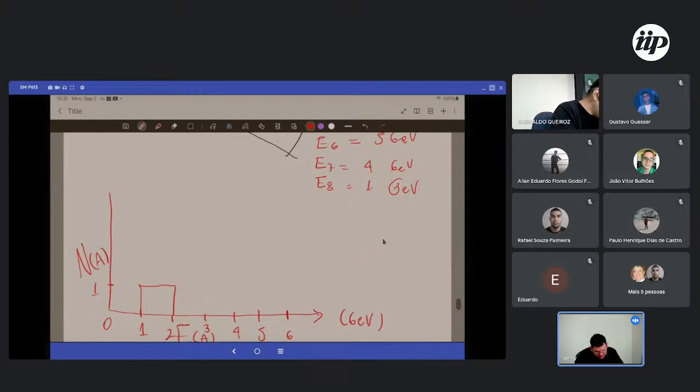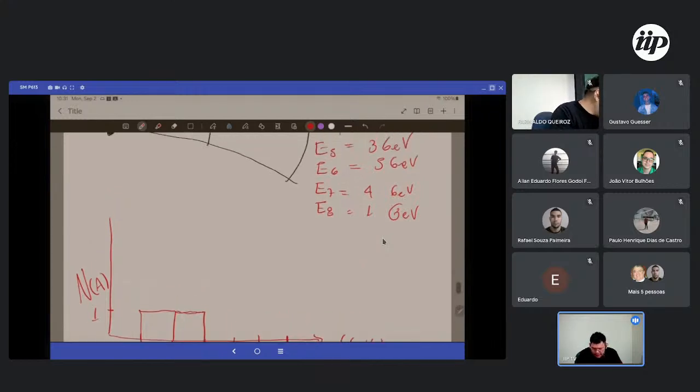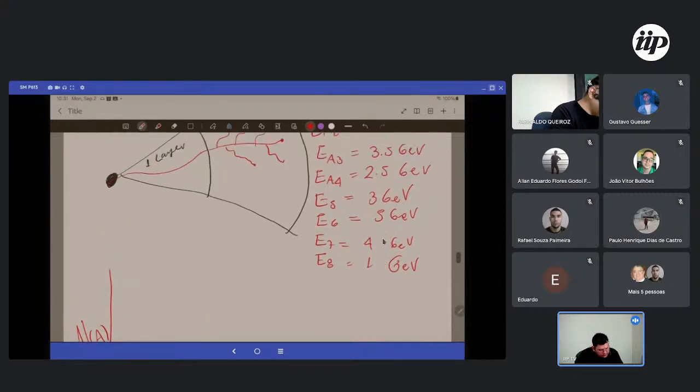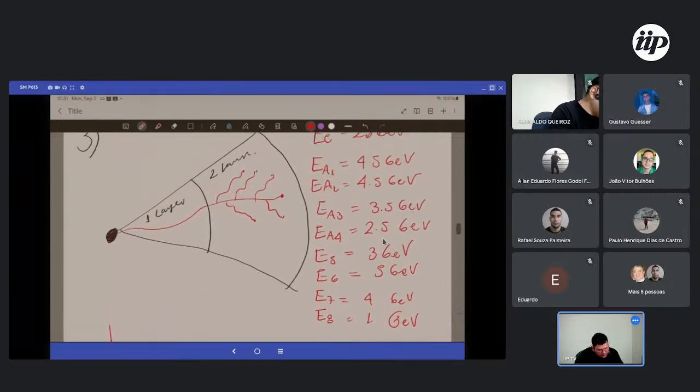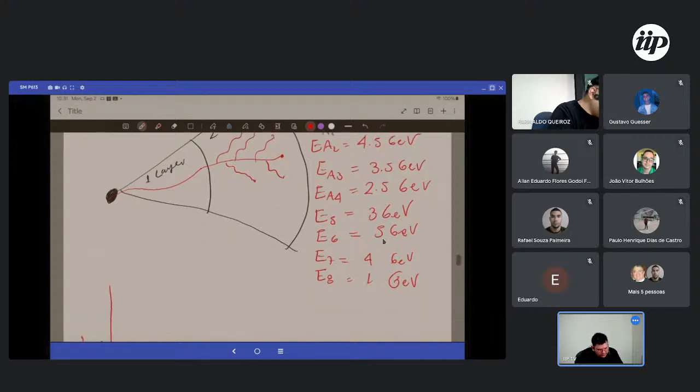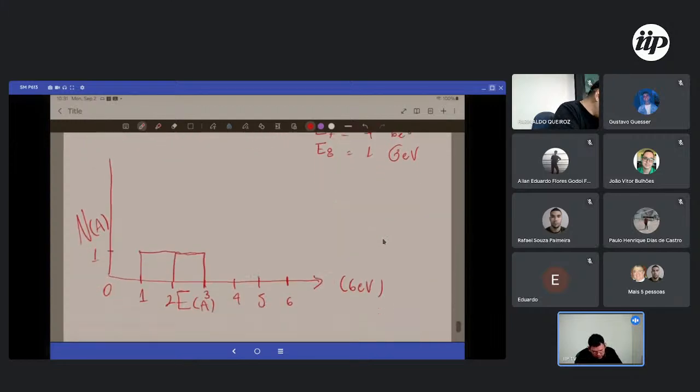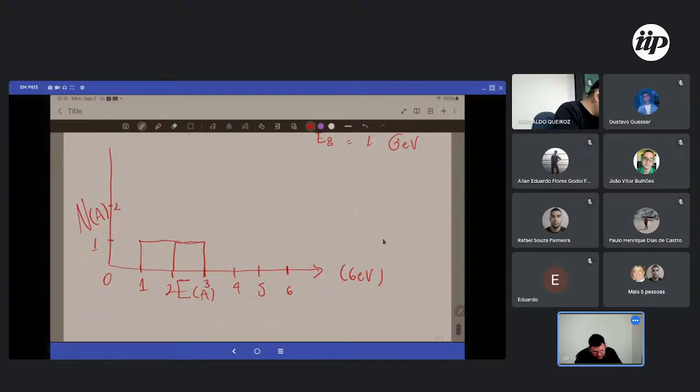And between 3 and 4, we can see that we have the photon number 3 and the photon number 5. So we have 2 photons here.